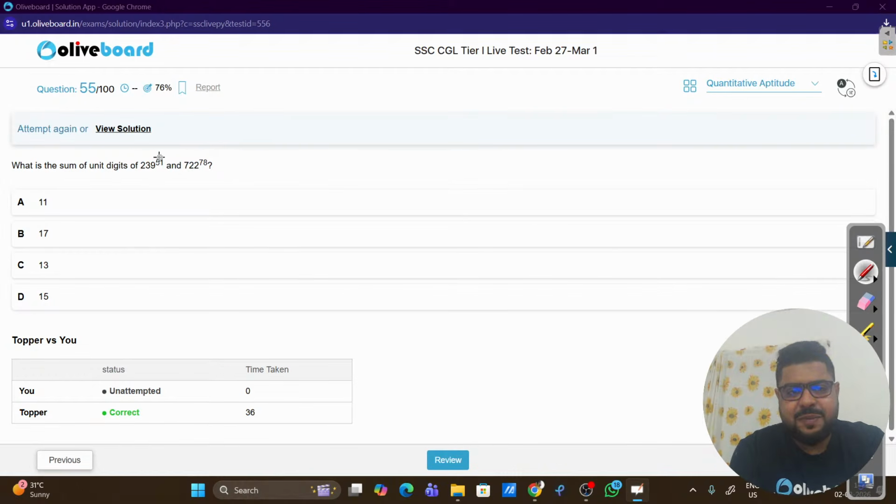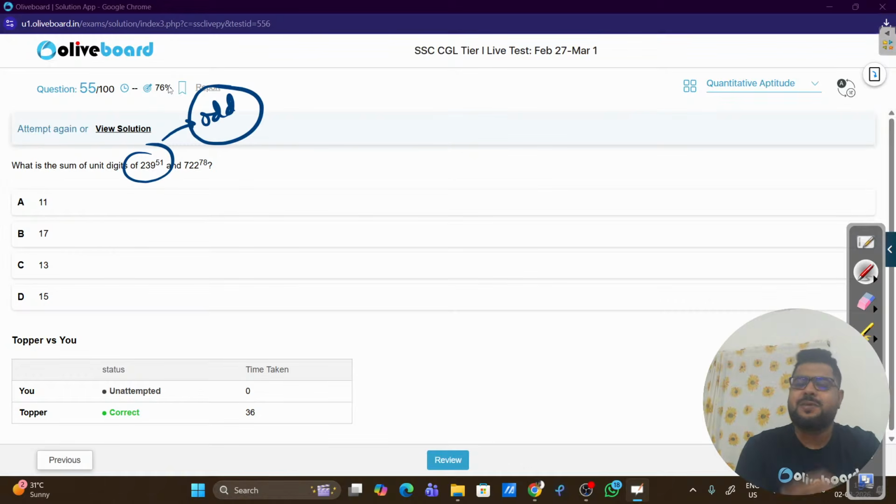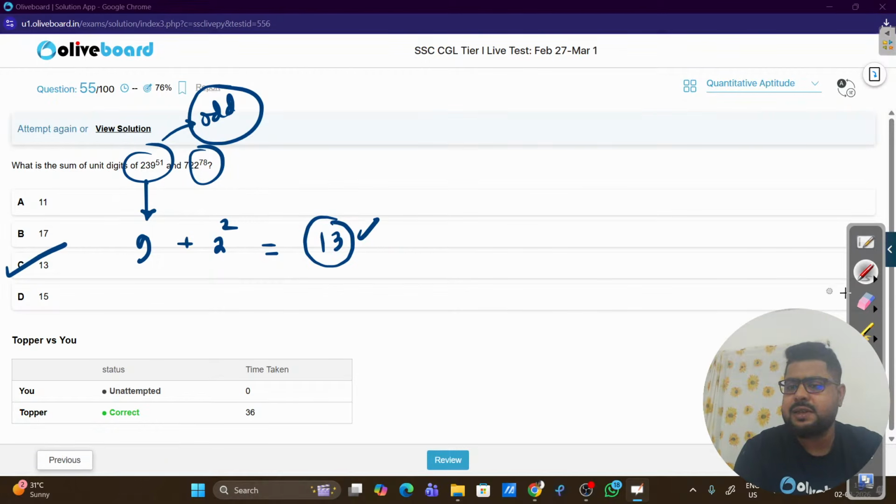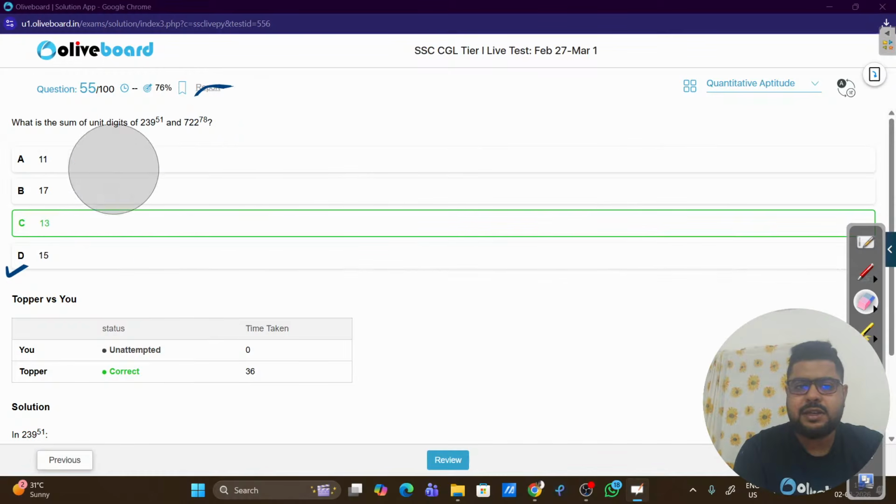So 9 to the power anything which is an odd number, I told you. 4 and 9, these two are the numbers that stay the same when the power is odd. 2 to the power 78 will be nothing but 2 to the power 2, because 76 is divisible by 4. 2 has the maximum cyclicity of 4. So 9 and 4, that is 13. Answer option number C. Again, should not take you more than 10 seconds.